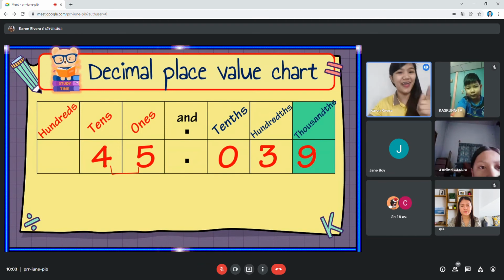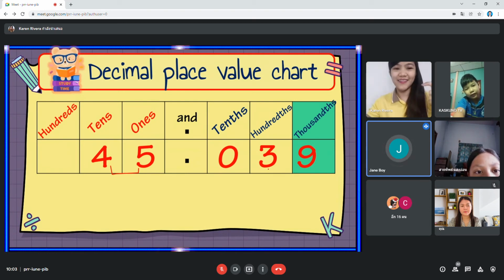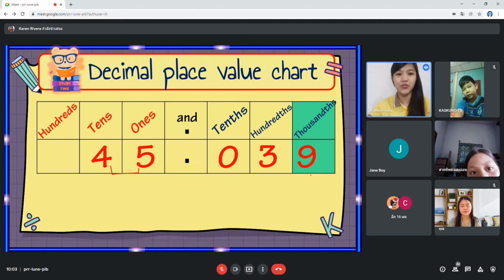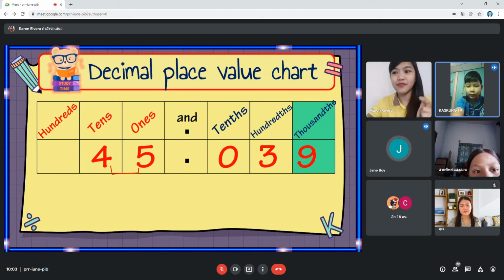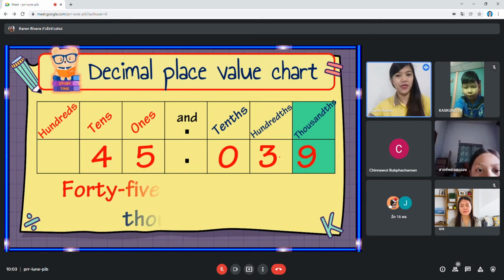Yes, correct. 45 and 39 thousandths. Good job. So that is how you are going to read it. One more. 45 and 39 thousandths.